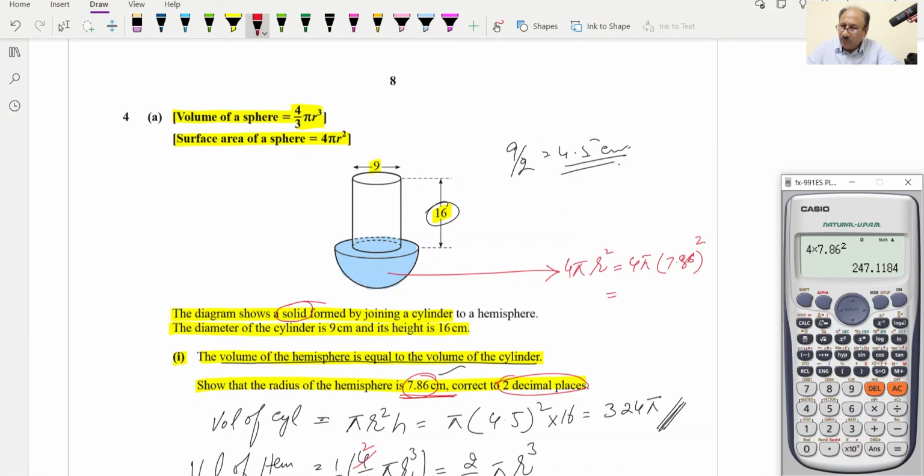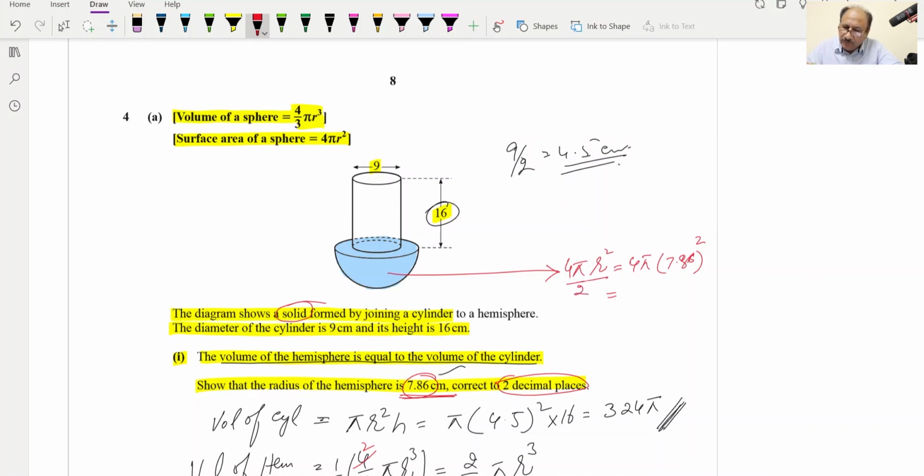247.4, but basically this is for a full sphere. We need the hemisphere, so this should be divided by 2 because this is a hemisphere.